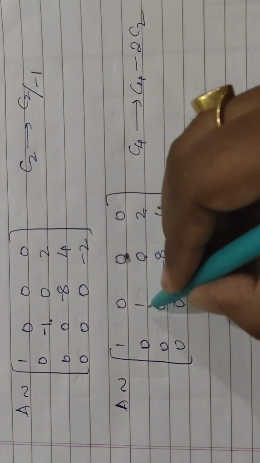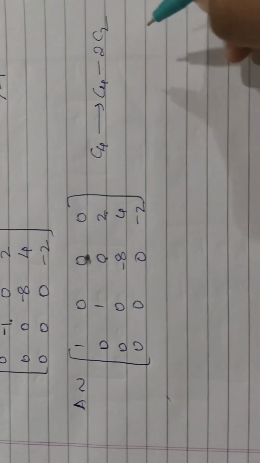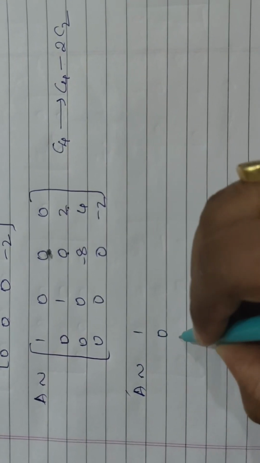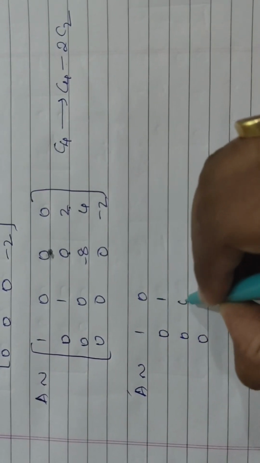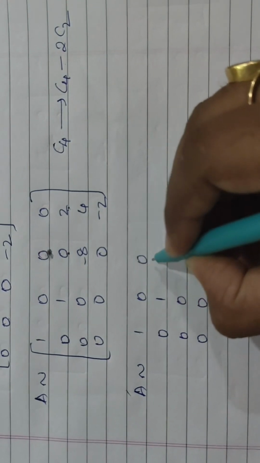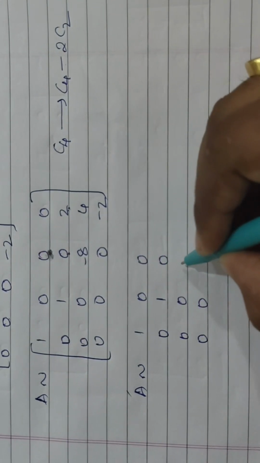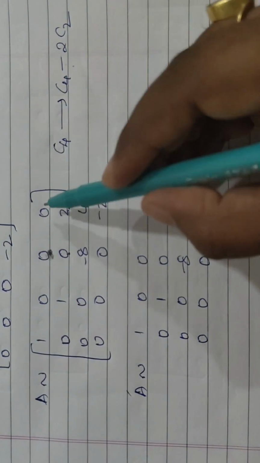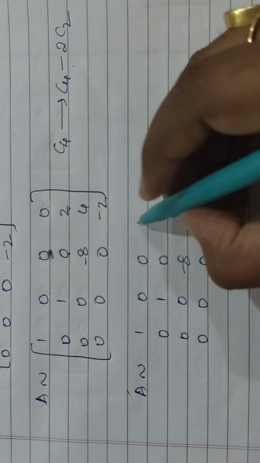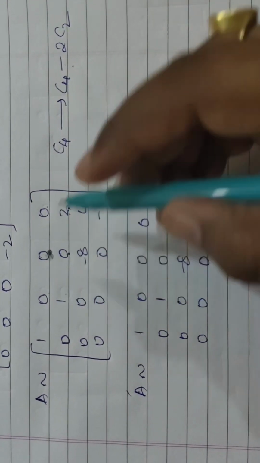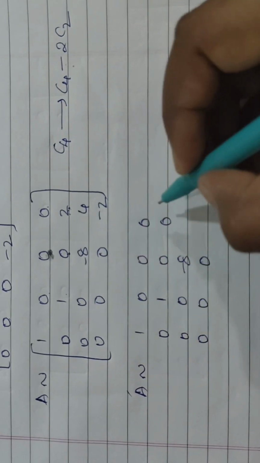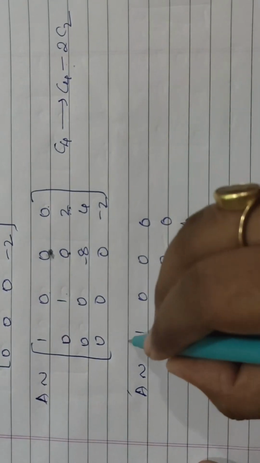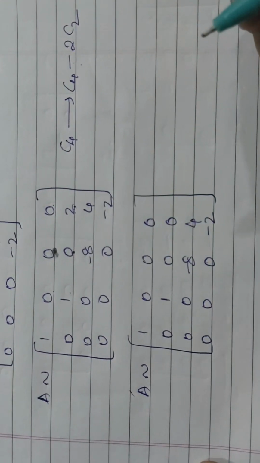So now our A is equivalent to 1, 0, 0, 0, 0, 1, 0, 0, 0, 0, minus 8, 0. And now the transformation is for C4: 0 minus 2 into 0, 0. 2 minus 2 into 1, 0. 4 minus 0 is 4. Minus 2 minus 0 is minus 2. So this is the second step.